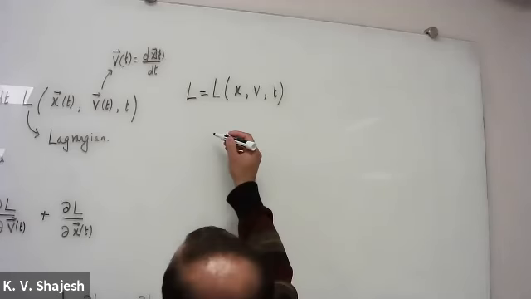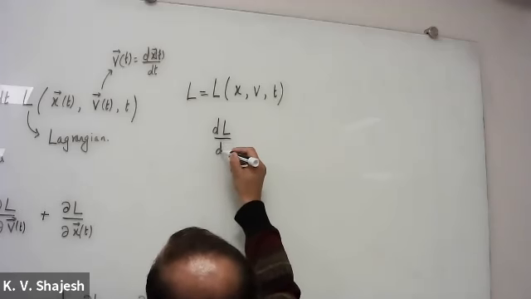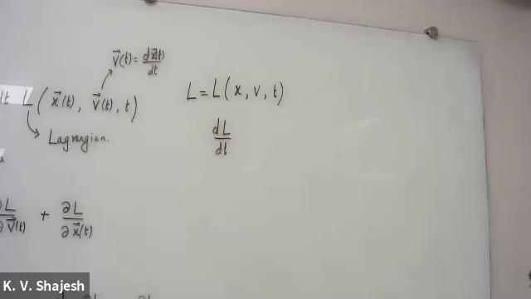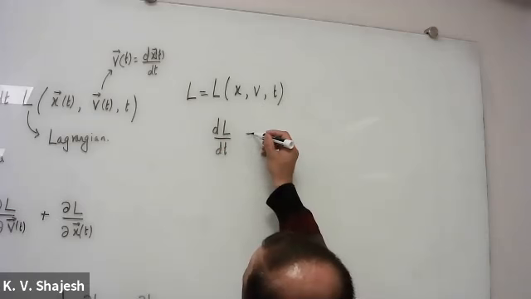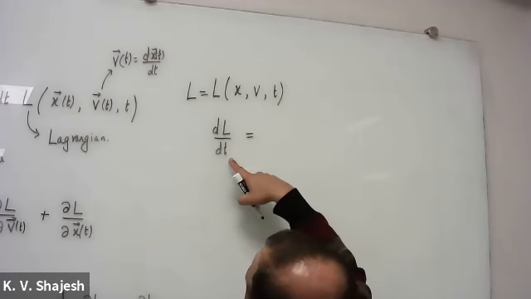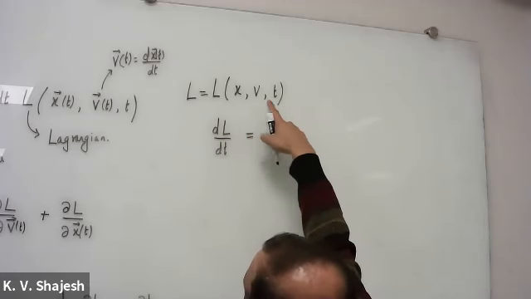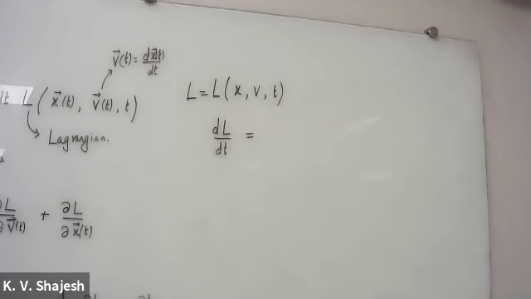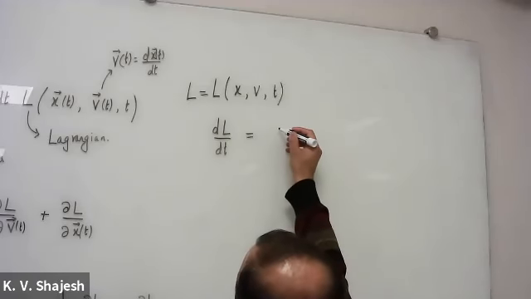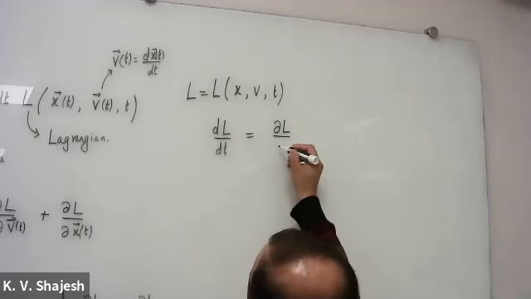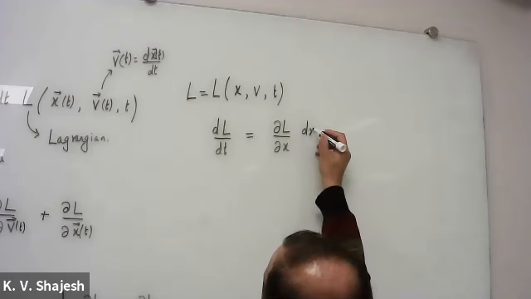What that means is that if I were to take a total derivative of the Lagrangian, the idea in mathematics is that I can have an implicit dependence in x, an implicit dependence in v, and of course there is explicit dependence in the time in the Lagrangian. So I could have an implicit dependence in x, which is captured in this form.